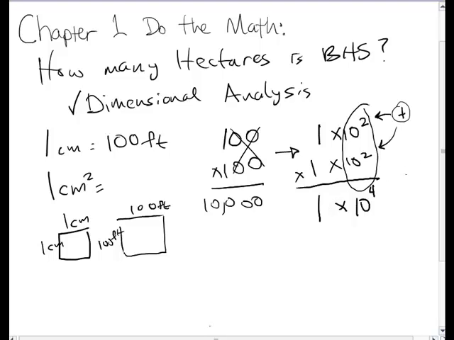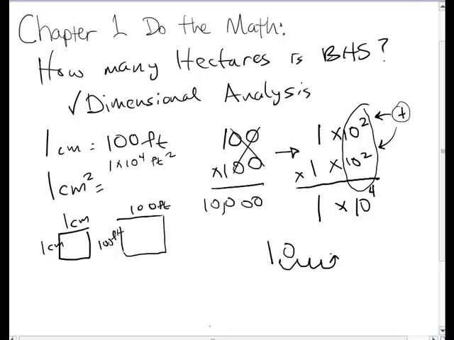So the way that I did this was to translate it to scientific notation. Now I have 1 centimeter squared equals 1 times 10 to the 4th feet squared. If you wanted to take it out of scientific notation, I always just count 1, 2, 3, 4.